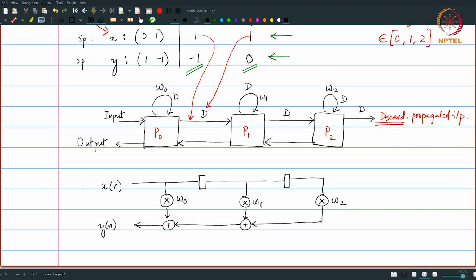So the X of n over here is the input, Y of n is the output, and these are the weights. And what we can see over here clearly is that one such block corresponds to a processing element.